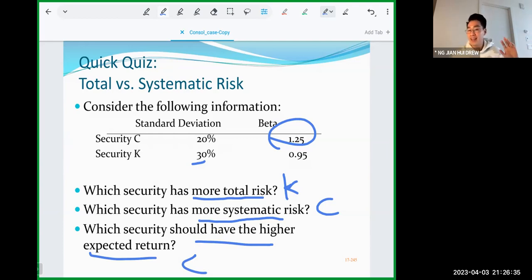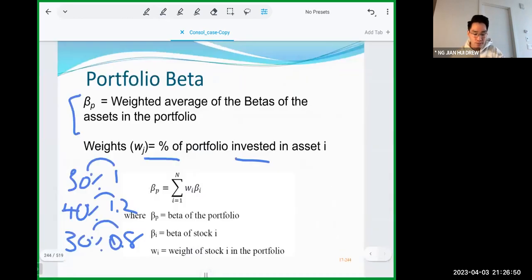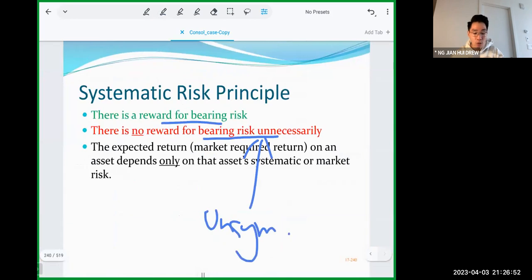But then I told you, hey, wait, we need to consider the type of risk. Remember just a few slides ago, we are only rewarded for bearing risk that is necessary, but there is no reward in bearing unnecessary risk.